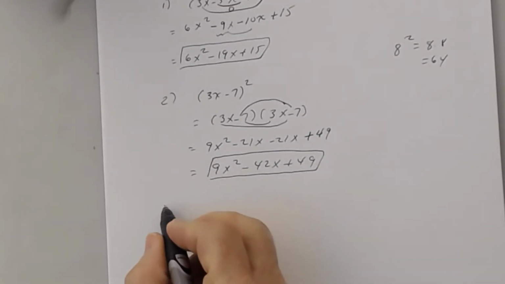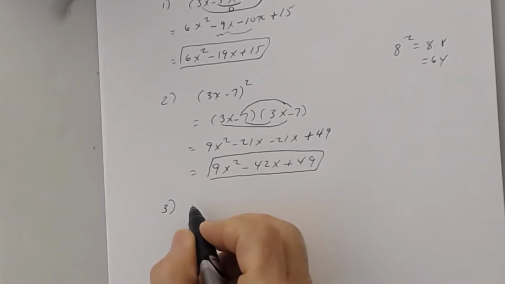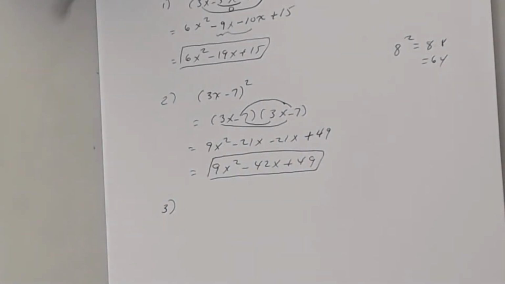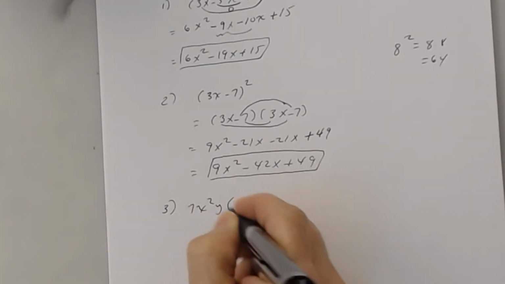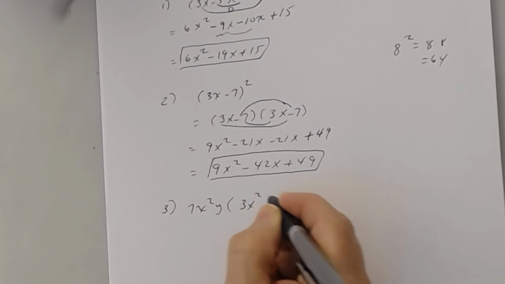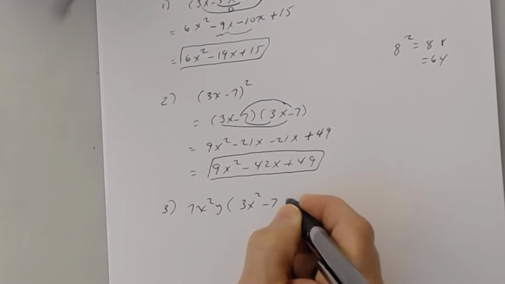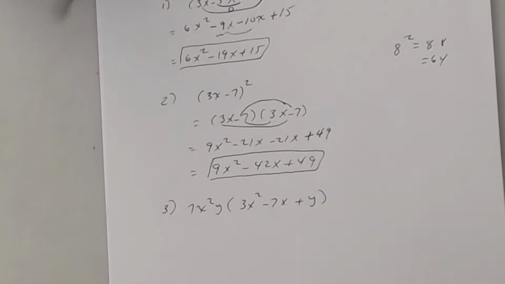And then number 3, let's suppose you had 7x squared y times 3x squared minus 7x plus y.